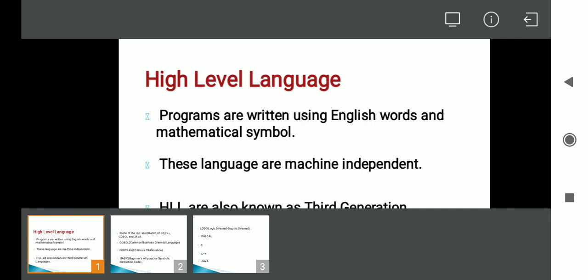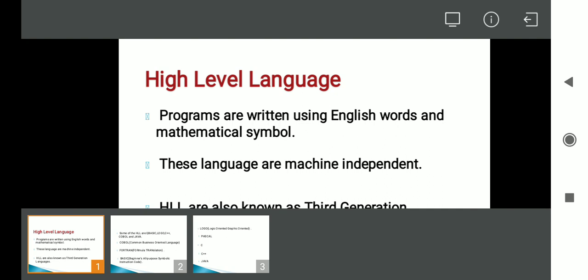So this is the third generation language. It is written in the English language, and mathematical symbols are also used in this programming. Once you write the program, it is machine independent, meaning once you write it on one system, it will work for all the PCs and all the systems.